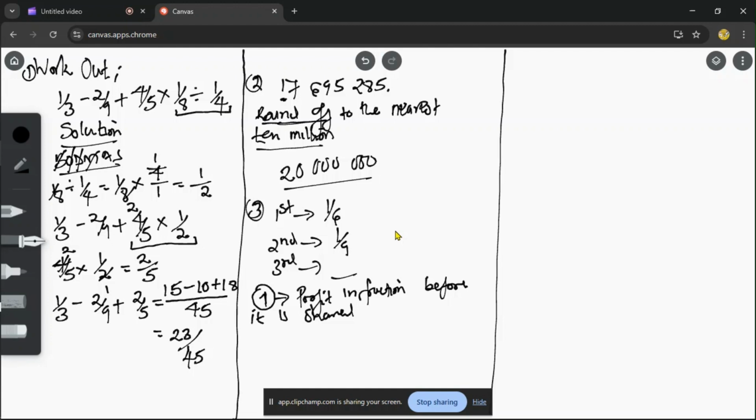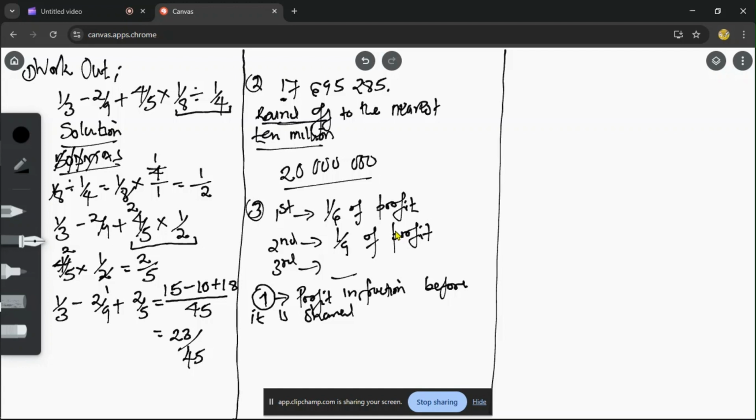So if the first member received 1 all over 6, I'll subtract it from 1, and the second member 1 all over 9, subtract it from 1. Then the remaining is what the third received, because we've been told the first member received this much of the profit. This is very, very important, this statement of profit.